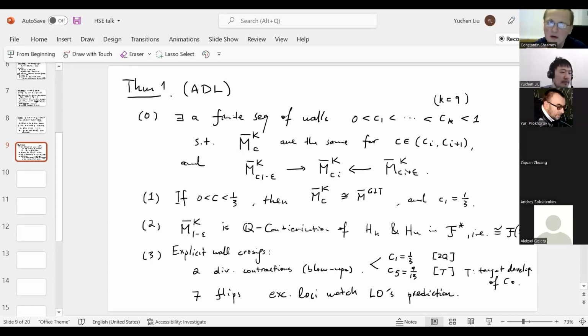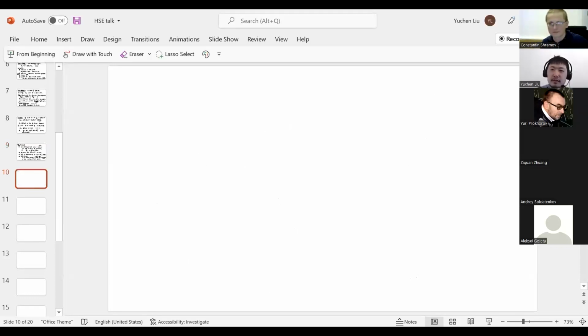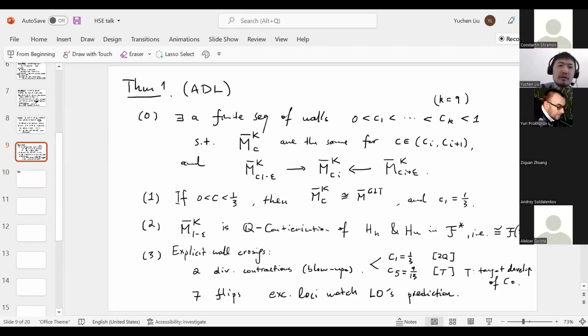Yes. So I will give just a concrete description in a moment. But let me first go to theorem 2. So theorem 2 is basically verifying Lazar-O'Grady's prediction. From theorem 1, you almost see that this matches nicely with Lazar-O'Grady, except what we have here is these two divisors appear at different times.